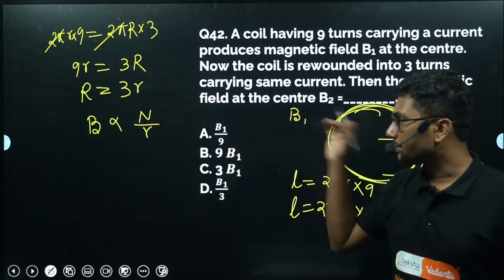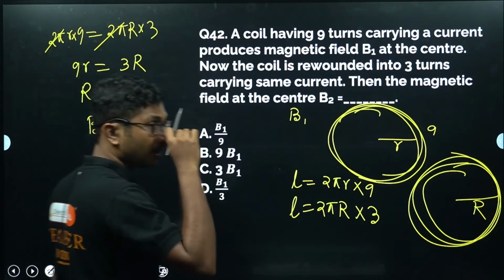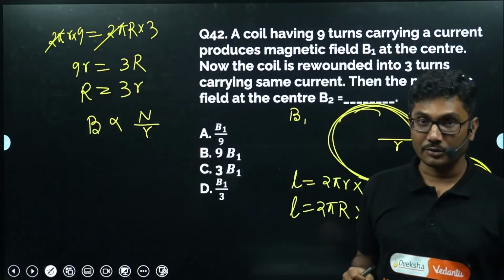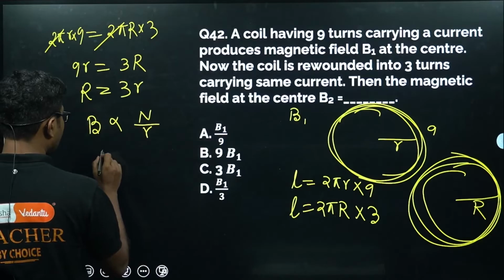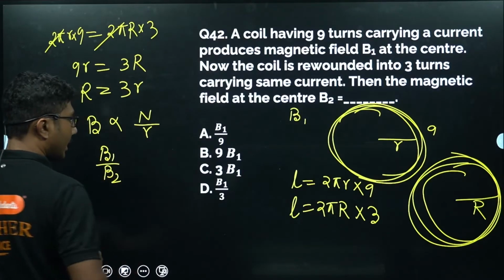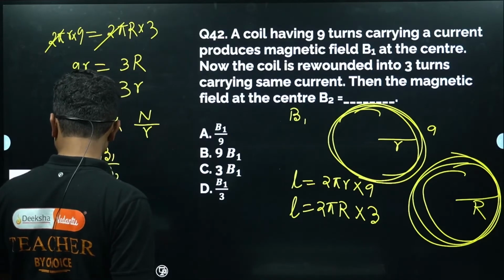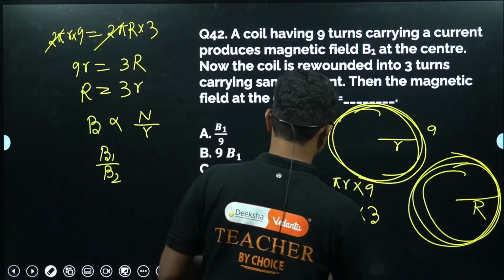There are other formulas, but you don't need to remember all the things. You just need to remember that it is directly proportional to the number of turns and inversely proportional to the radius of the wire. So now let me write B1 by B2.